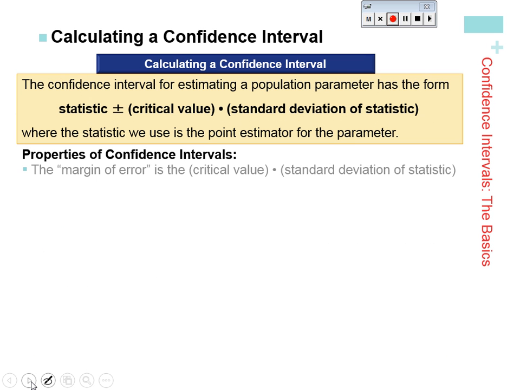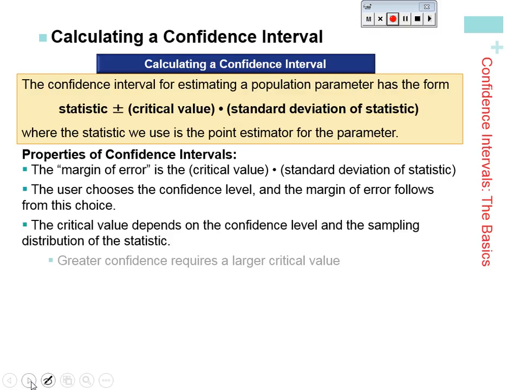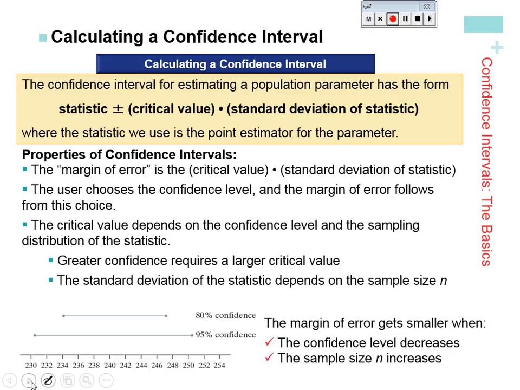So as far as some different things that are involved with the properties of a confidence interval, just keep in mind that the critical value, which is based on the confidence level, depends on the confidence level and the sampling distribution of the statistic. And we're going to get into looking at some different things with conditions in a moment. But the greater the confidence requires a larger critical value.